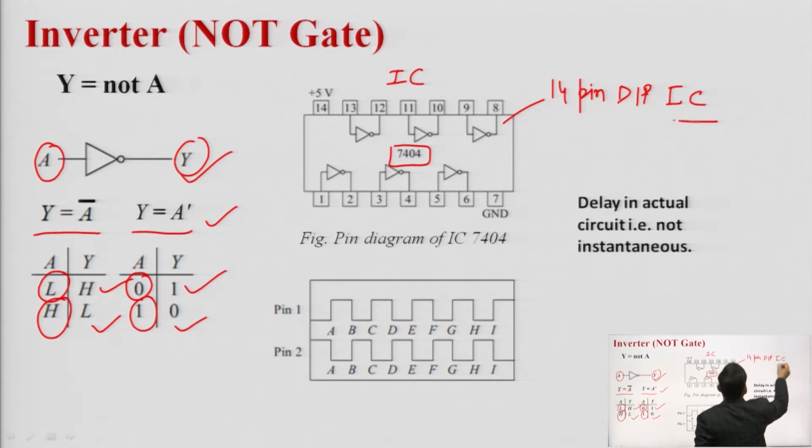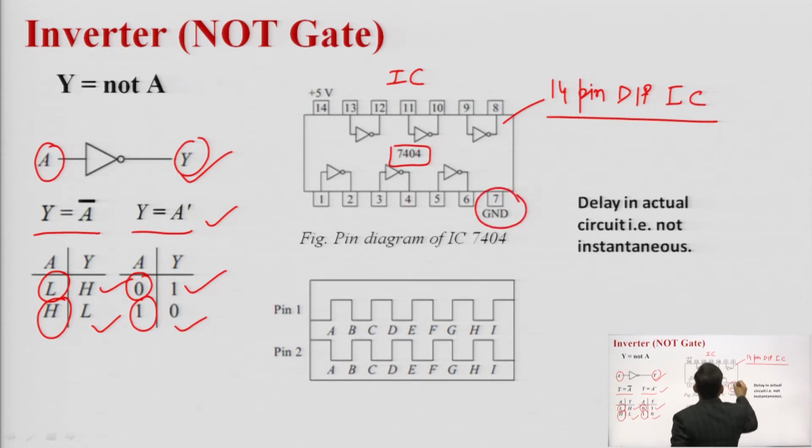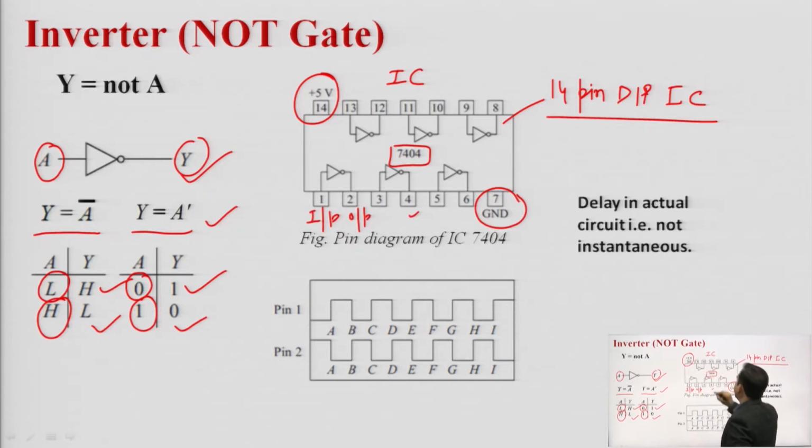We will see what this DIP, dual inline packaging, is. Out of these 14 pins, pin number 7 is ground and pin number 14 is VCC, which is plus 5 volt. Of the remaining pins, pin number 1 is input, pin number 2 is output. Similarly, pin number 3 is input, pin number 4 is output.